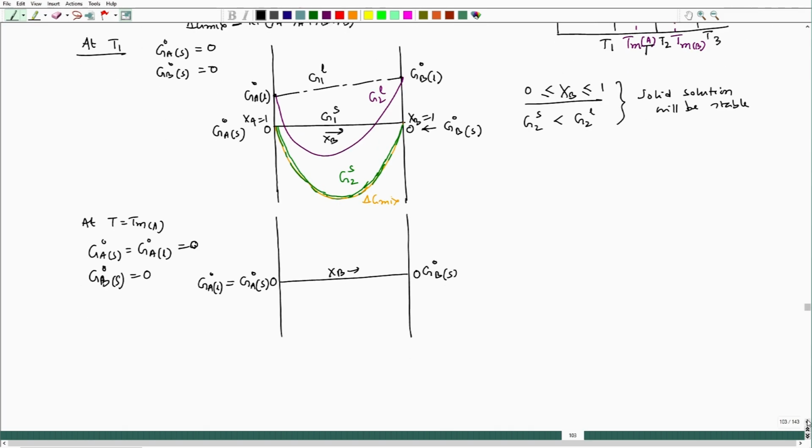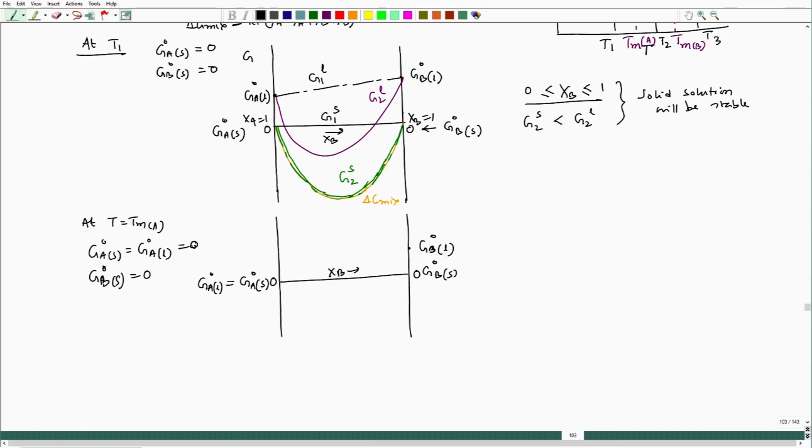And delta G mix, let me not draw delta G mix anymore, because we know that it is the same for both. So, we will only see the variation of G2, and this should be G B liquid. Now, I have to see how the liquid G1 before mixing is positioned in this particular plot.